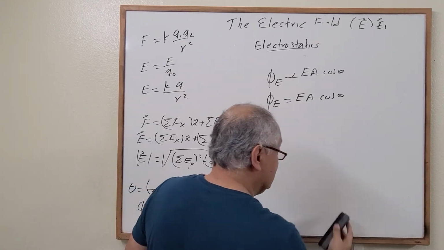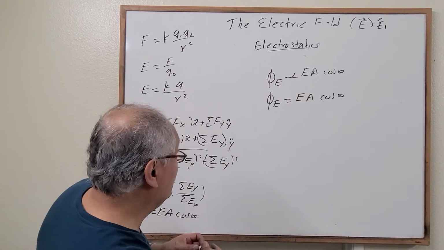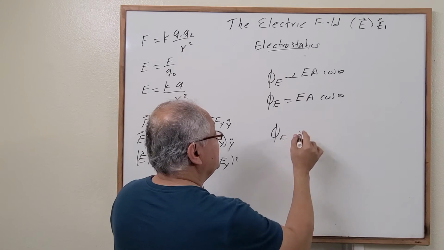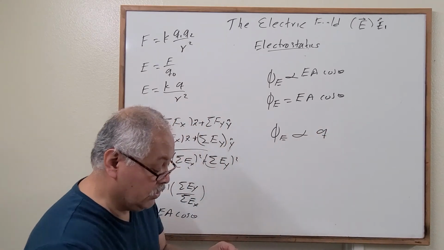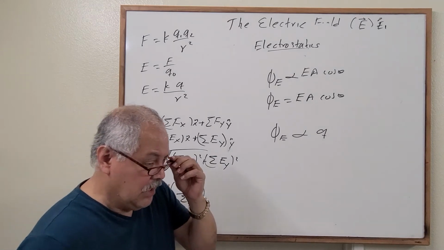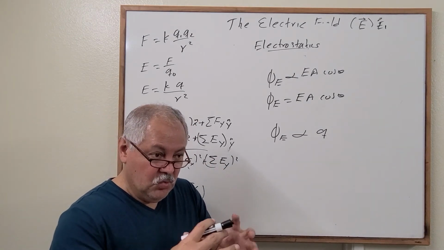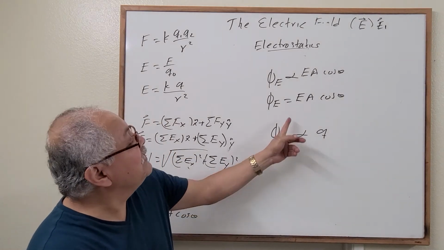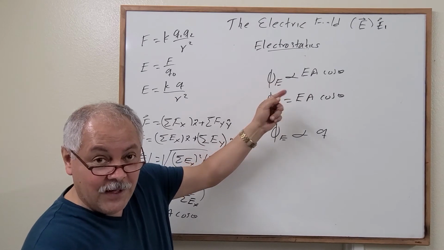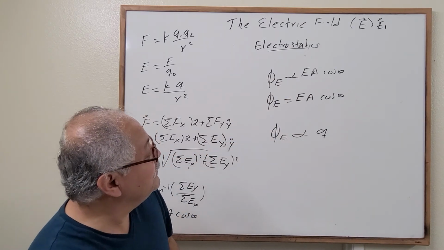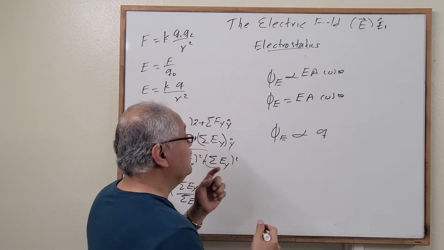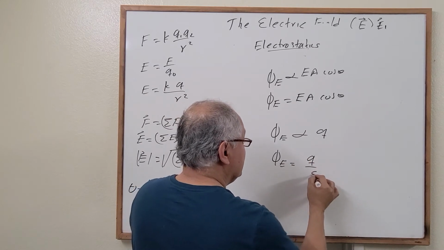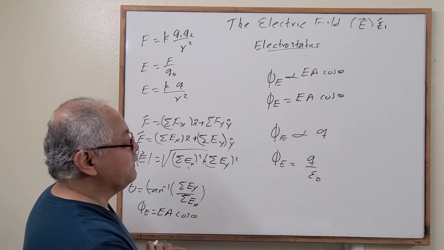Now, Gauss's law says that also this electric flux is proportional to the charge. We're dealing with point charges in this case. When we increase the charge, we increase the lines of force. We increase the electric field, correct? If we increase the electric field, we also increase the electric flux, correct? So how do we eliminate this proportionality symbol? Using a constant. In this case, the constant is just epsilon naught, correct?